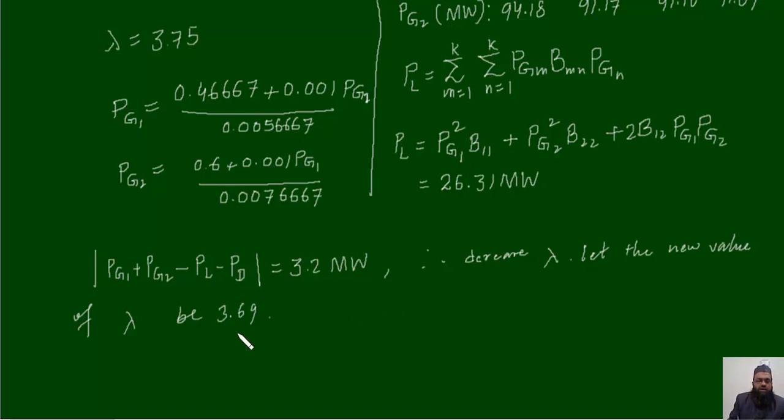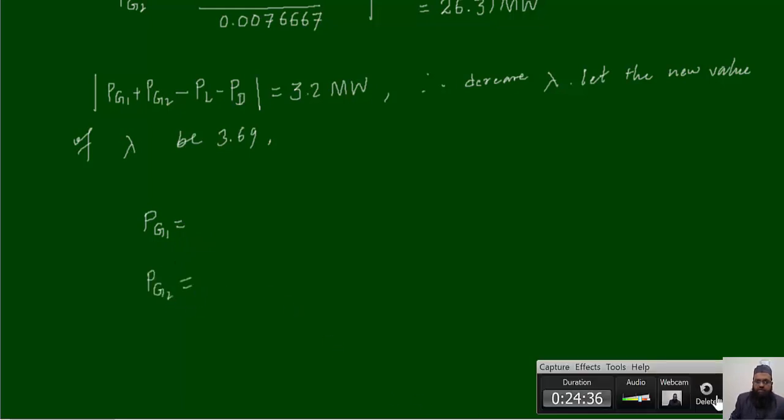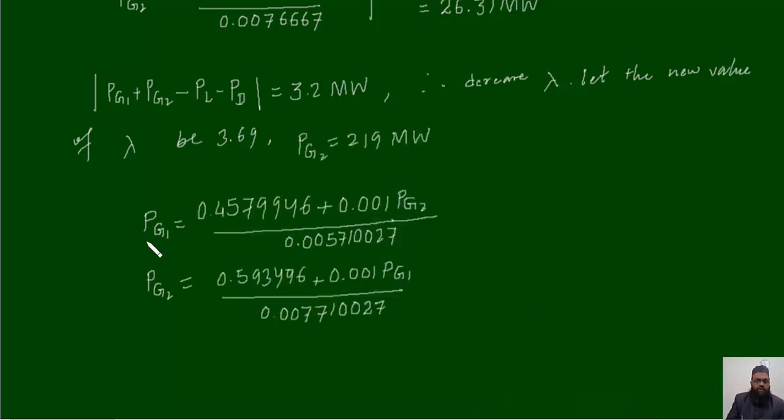So for this assumed value of lambda, 3.69, the coordination equations are now written using the same procedure. Write the values of Pg1 and Pg2.